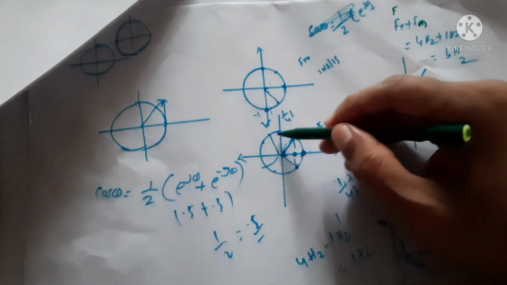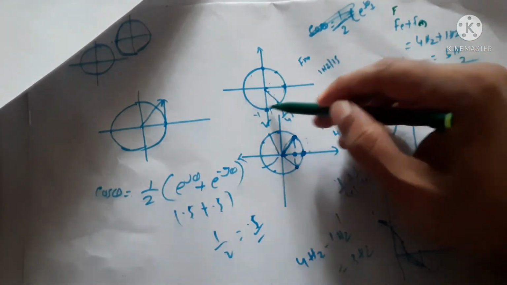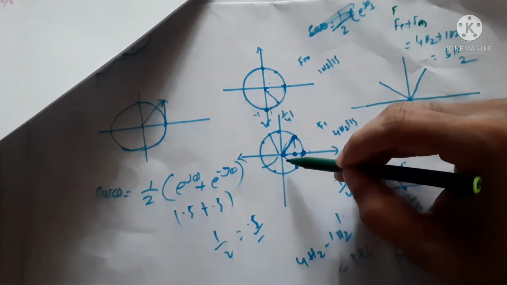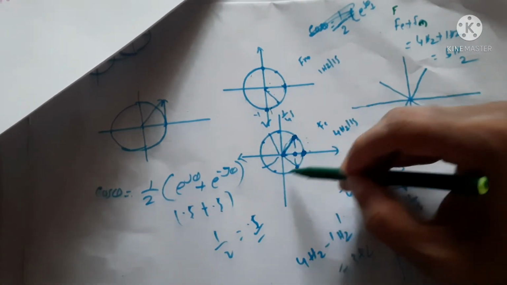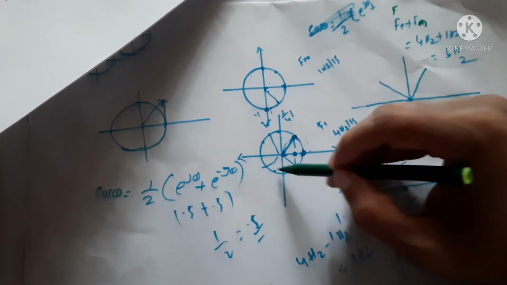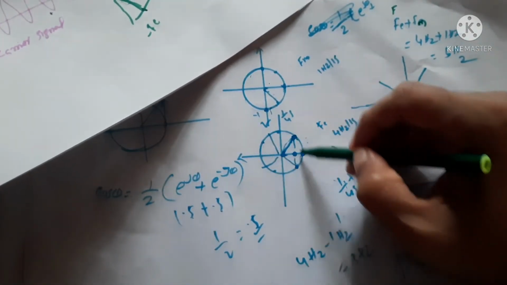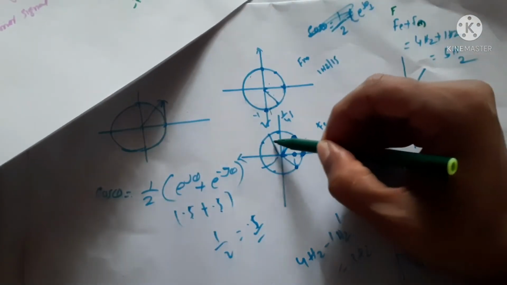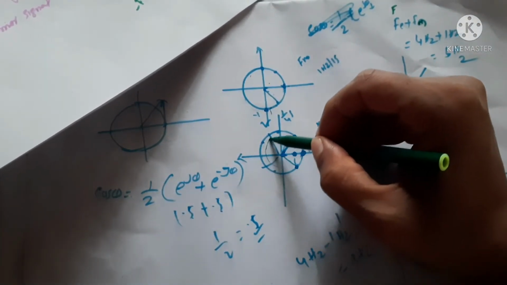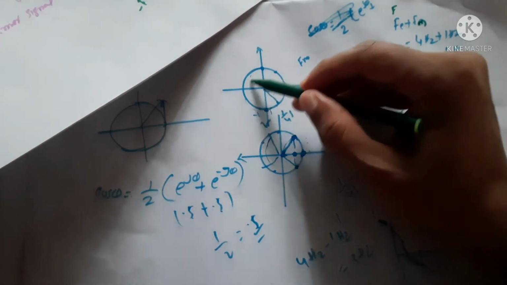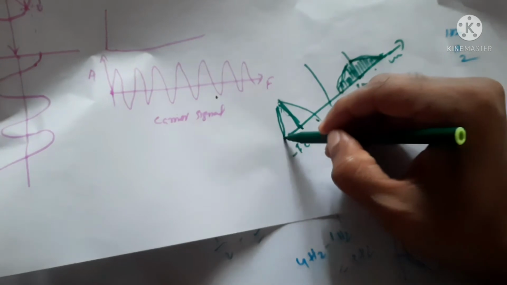When this is in the positive direction and this is in the reverse, clockwise, negative direction, we get this portion. Likewise, when this is in the negative clockwise direction, that means negative frequency, we get this. And when this is negative and this is positive, we get this. And when both are in the negative, clockwise direction, we get this.